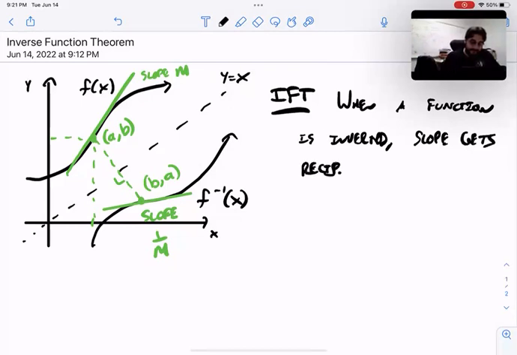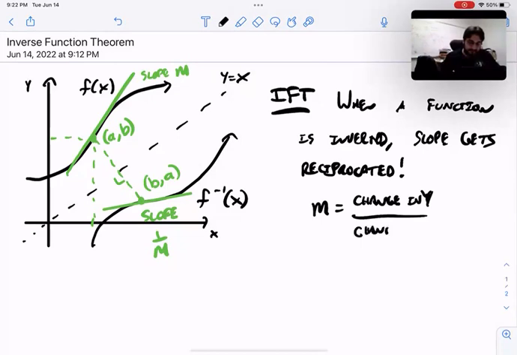This is the core idea of the inverse function theorem. You could say this is change in y over change in x, right? What happens? Well, you're trading y with x, so you're interchanging the numerator and the denominator. That's why you take a reciprocal to get the new slope.